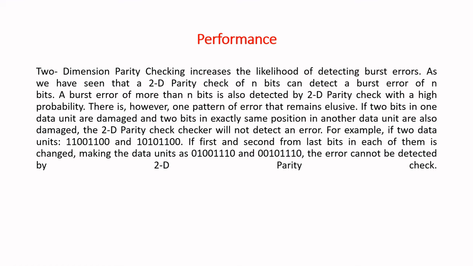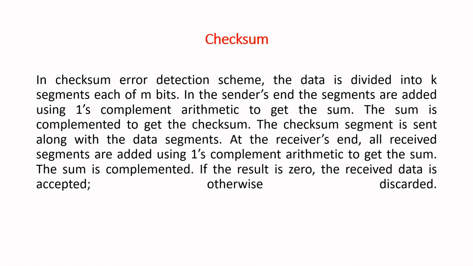Now this problem will be removed in the next technique, that is checksum. Checksum is the third error detection technique. How does it work? In the checksum error detection scheme, the data is divided into k segments, each of m bits.